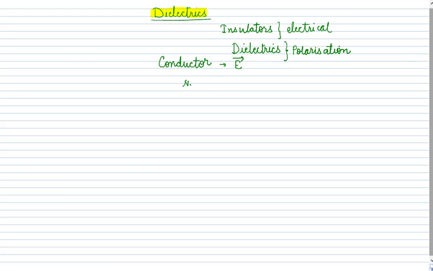A conductor is neutral, that means it has positive as well as negative charges, but when it is kept in an external electric field, the charge distribution in the conductor adjusts itself in such a way that it has some induced charges, and the field due to the induced charges opposes the external electric field.